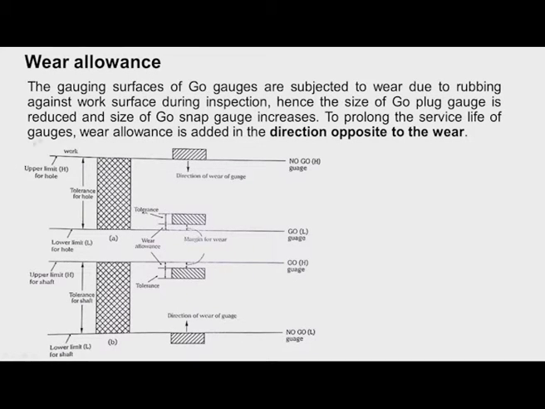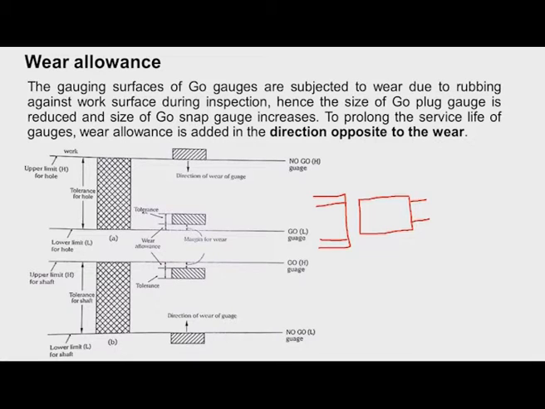Now let us try to understand what is the meaning of wear allowance. In the previous classes we discussed the use of gauges, plug gauge, ring gauge, etc., and we understood that the limit gauges come in contact with the workpiece. For example, this is the hole to be checked.